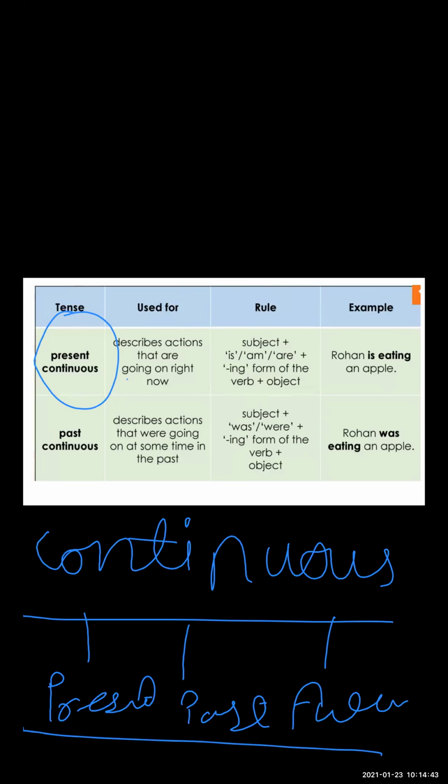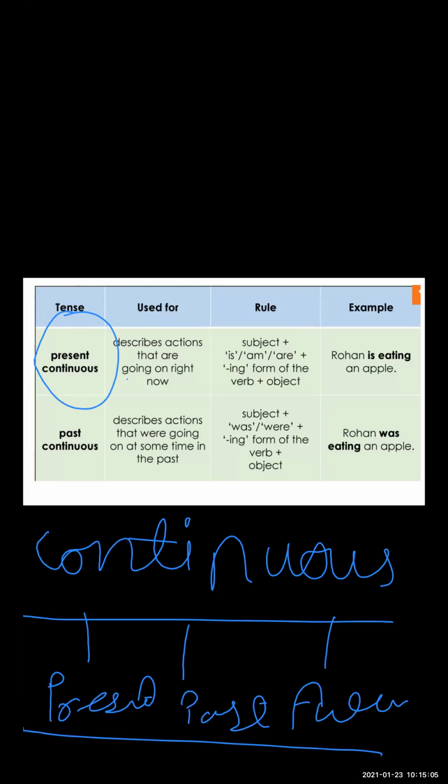Remember, you are just going to select the verb form according to the pronoun which you have. For example, I took the noun Rohan. Rohan is eating an apple. The base form of the verb is eat.